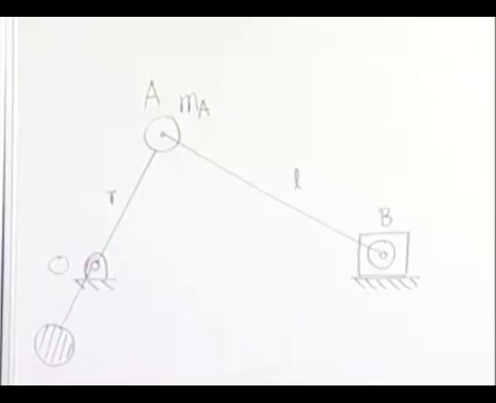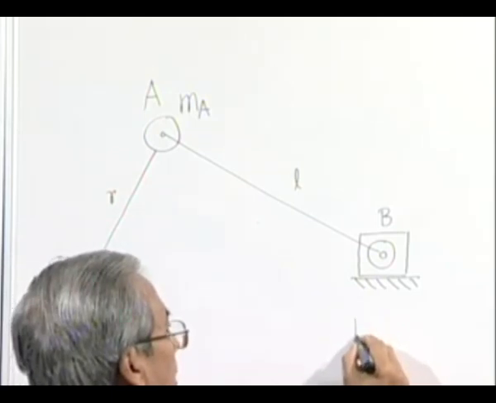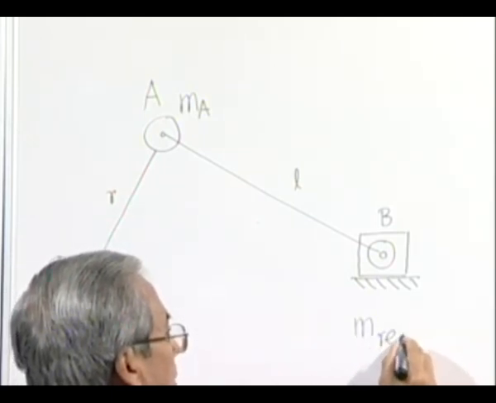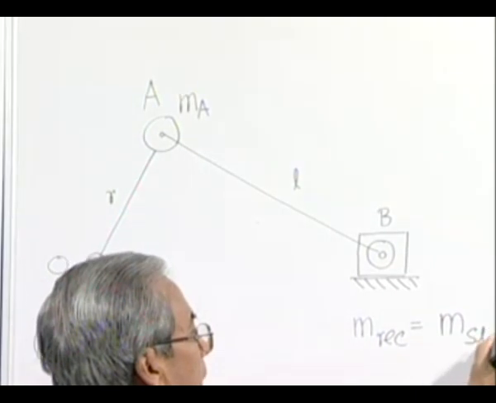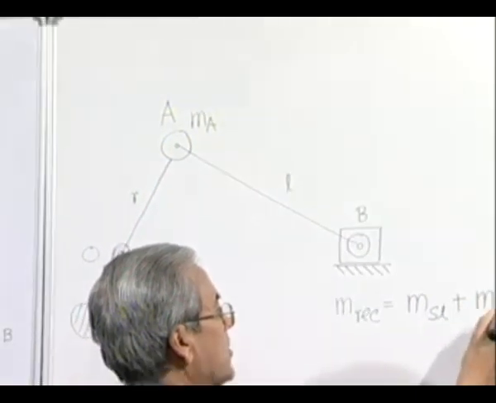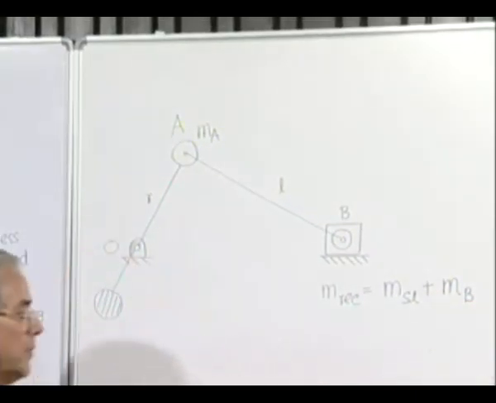So the only thing that remains that can produce an unbalanced effect is this reciprocating mass, M reciprocating, which is the mass of the original slider plus the apportioned mass of the connecting rod at location B.